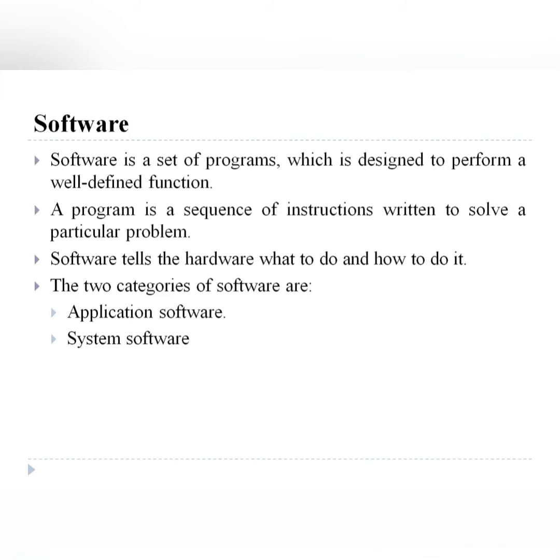So this guides the computer hardware and tells the hardware what to do, how to do, and when to do the task. Software gives life to the computer. So we can say that without software, the computer is a dead machine. Software can be categorized into two types. One is application software and the other one is system software.